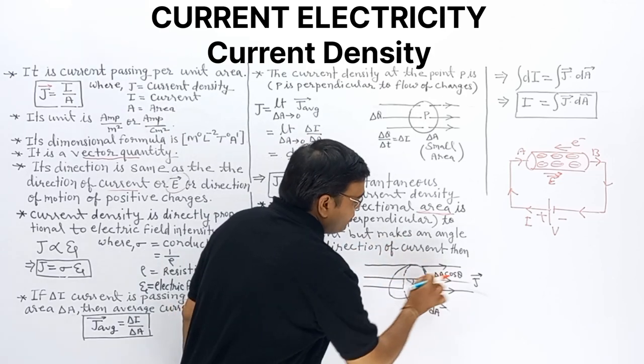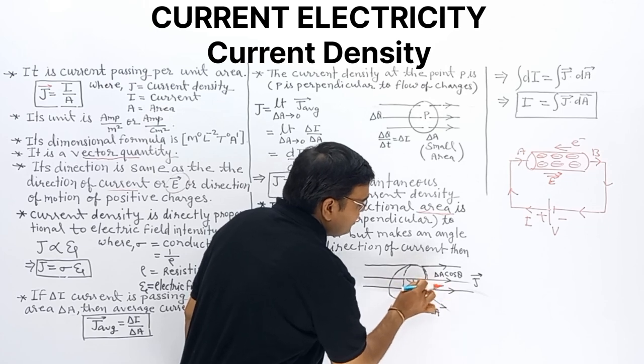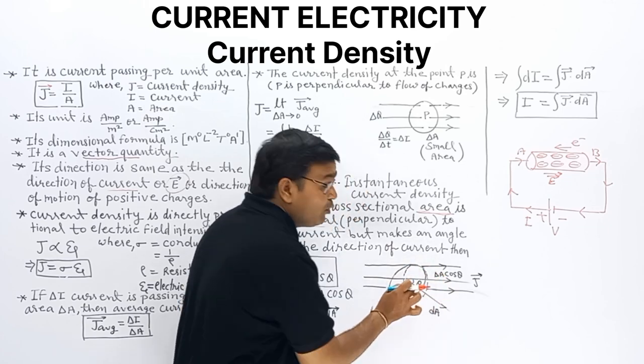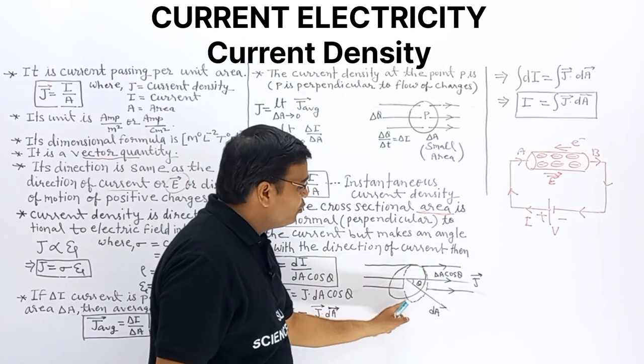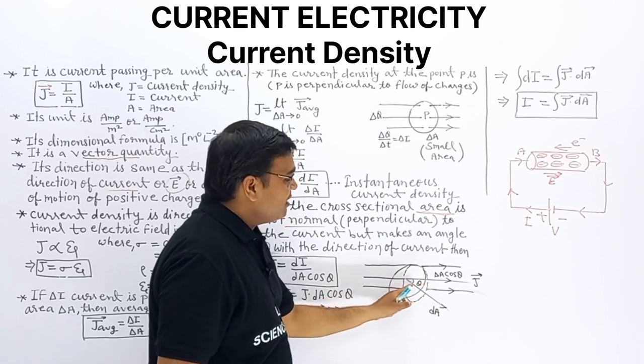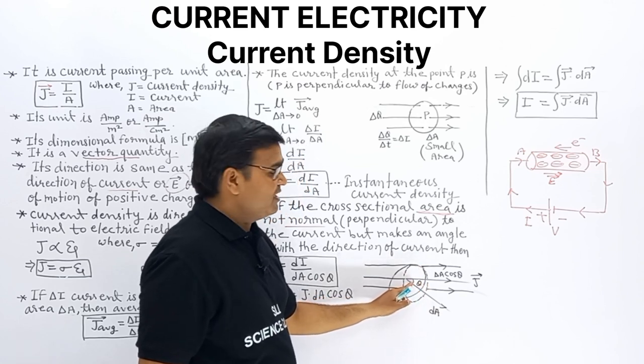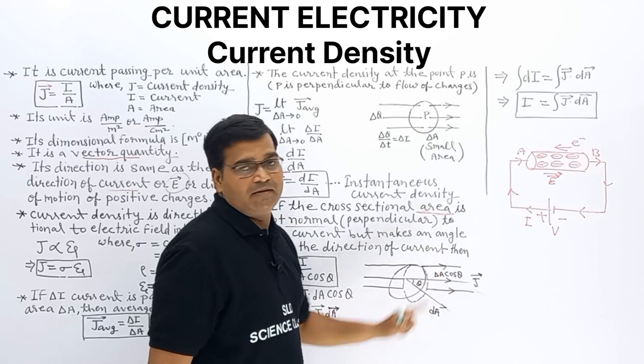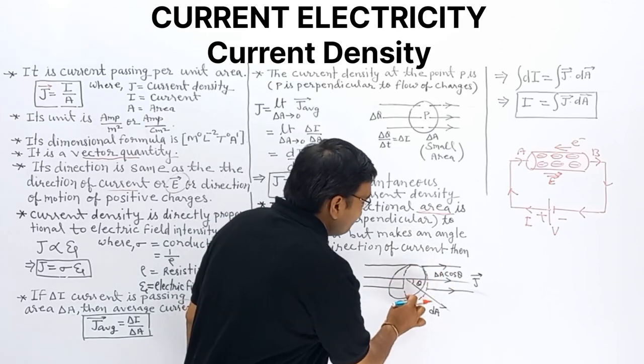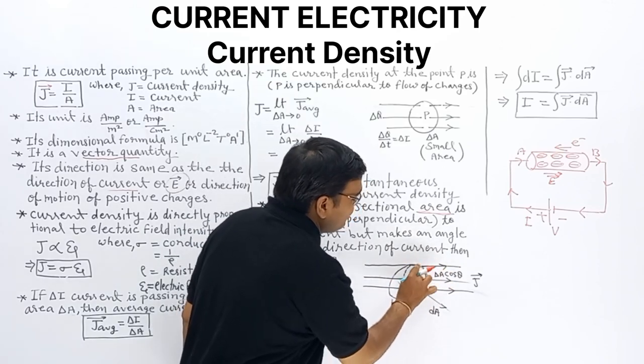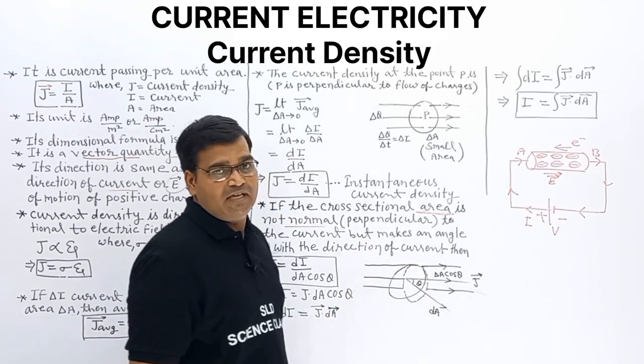Then when we have moved it by theta, we get this surface area.